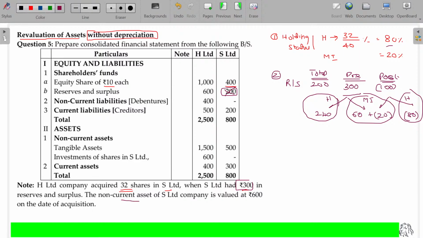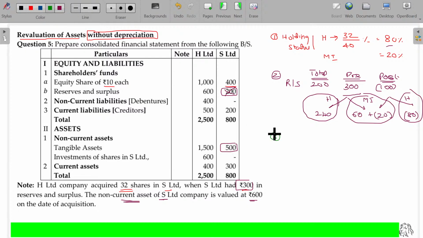And the non-current assets of the subsidiary company were valued at rupees 600 on the date of acquisition. The non-current assets, tangible assets, 500 rupees. But we came to know the value of this being 600 rupees. Is that okay? Then what happens? We introduce one new adjustment here.